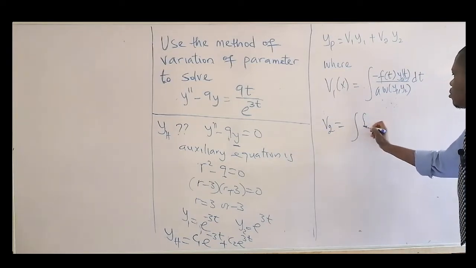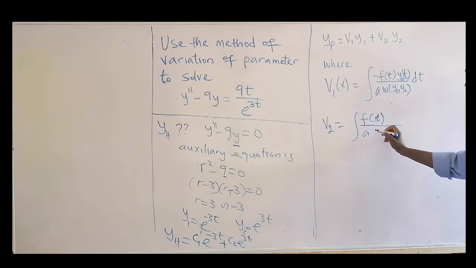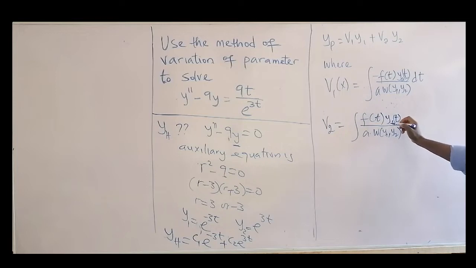This is the formula for v2: f of t over A times the Wronskian of the linear solutions y1, y2 of the auxiliary equation, times y1, then dt.